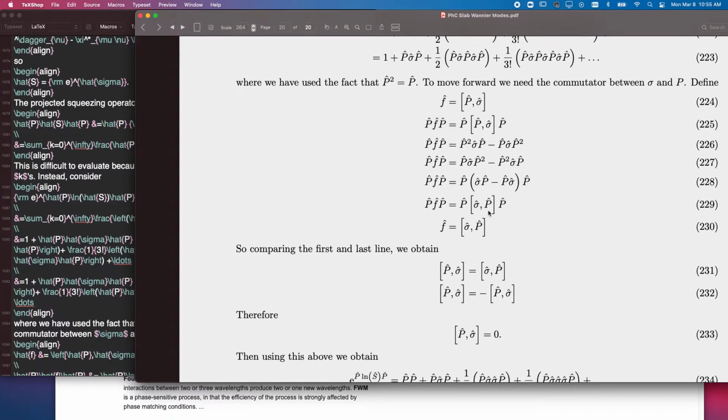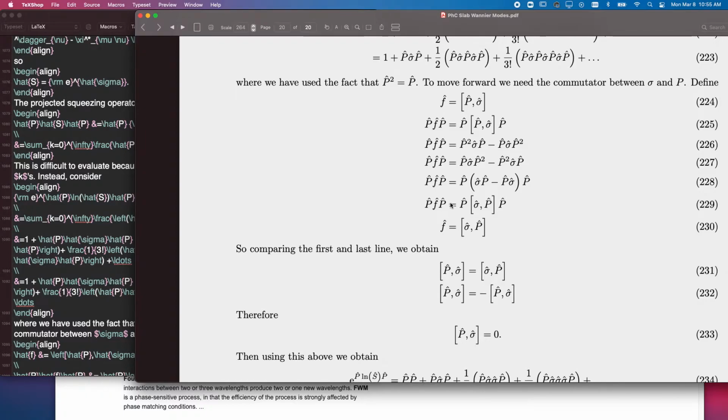Okay, so if we compare lines 229 and 225, they are the same, right? Except we must have that p sigma is equal to sigma p. Or another way to look at it is if I apply the inverse projections. If I do a p inverse times p, I get an identity.